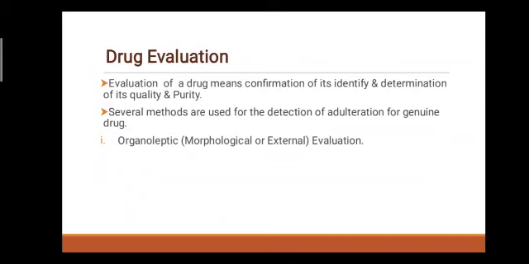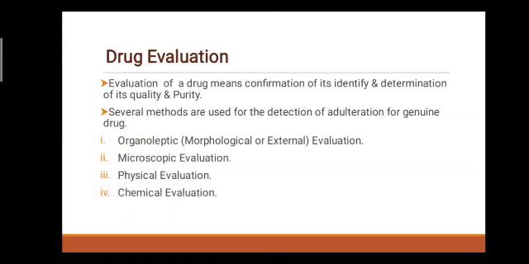First method, organoleptic, also called as morphological or external evaluation. Second, microscopic evaluation. Third, physical evaluation. Fourth, chemical evaluation. Fifth, biological evaluation. We will discuss one by one.